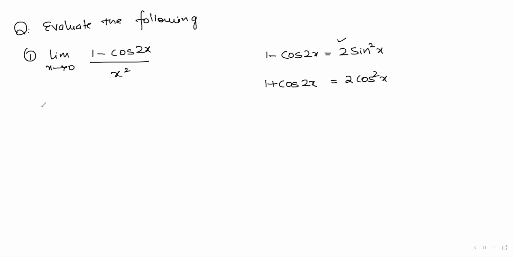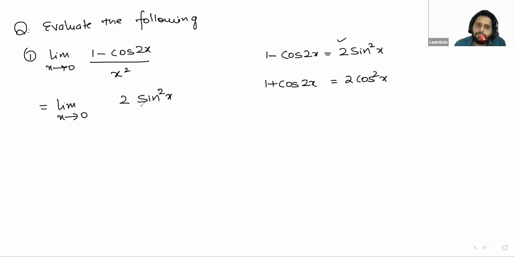Okay, let's check. So this is limit x tends to 0. 1 minus cos 2x means 2 sin square x by x square. This 2 is a constant. The mistake you all made is that you put it in the square too, but 2 is not in the square. So 2 is a constant that will shift outside the limit, and you will get limit x tends to 0 sin square x by x square.